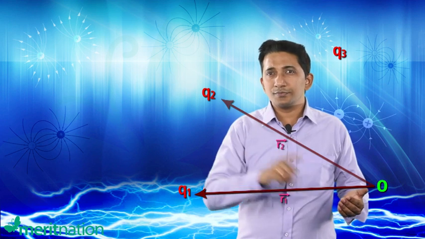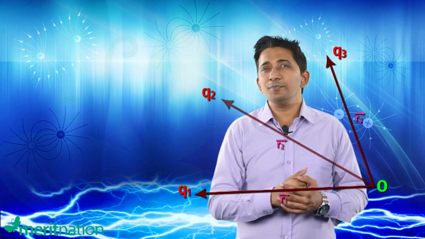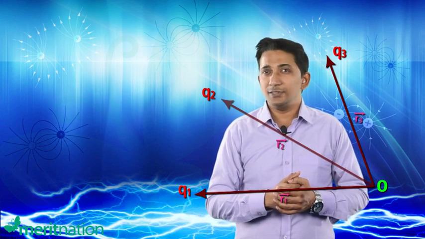If we want to understand this in a graphical approach, let us think in terms of a three charge assembly. So let us say we have three charges, Q1, Q2 and Q3. Let O be the origin and we will consider the three position vectors. So let's say R1, R2 and R3 are the three position vectors that we have considered.